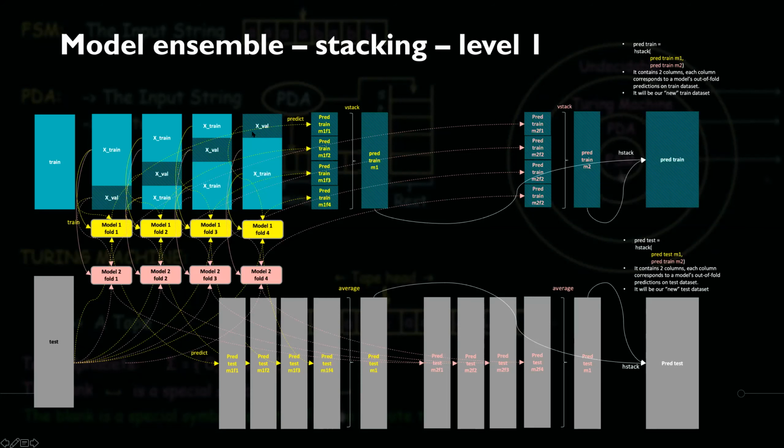By repeating the process, we end up with 100% of predictions, which are out of fold predictions for the training data set. So this is a key idea for stacking.